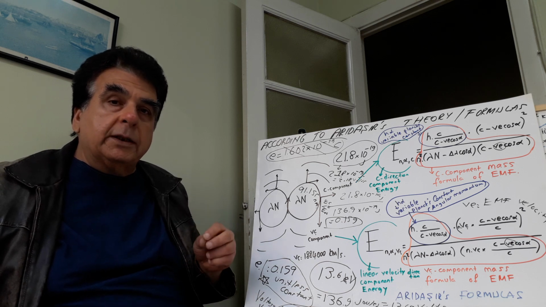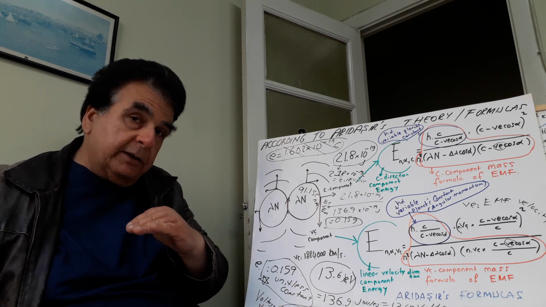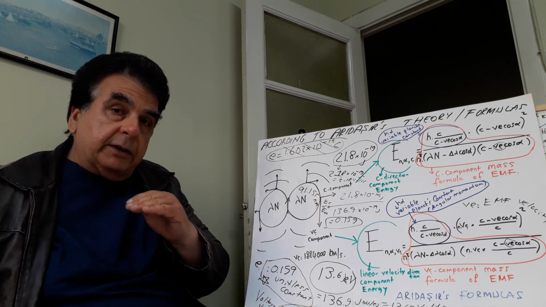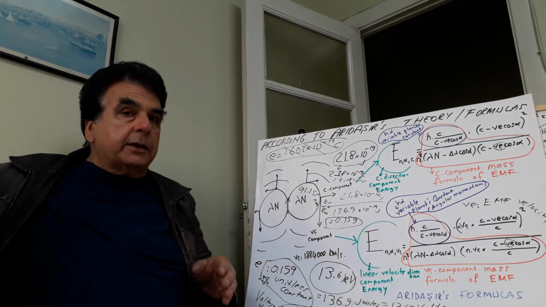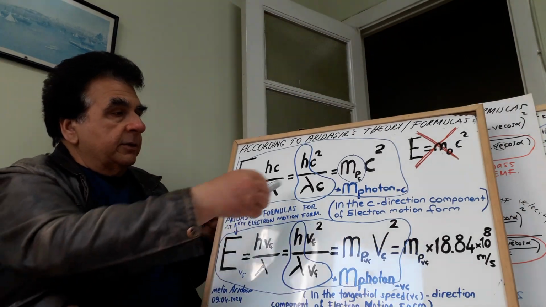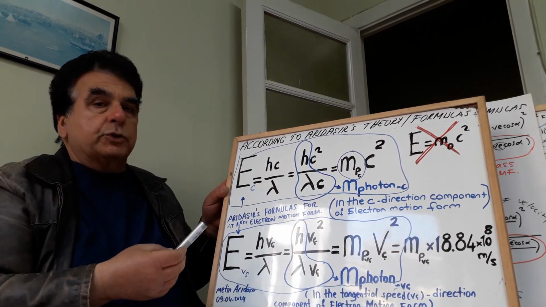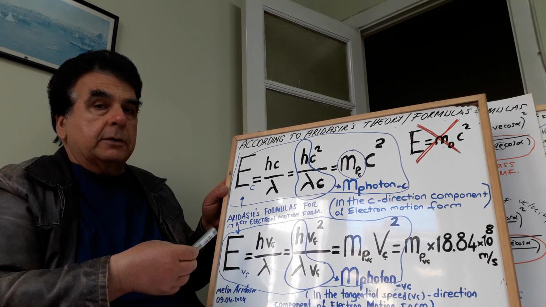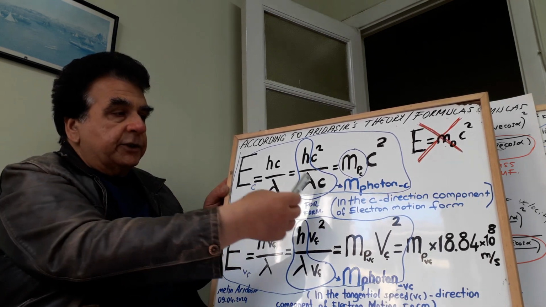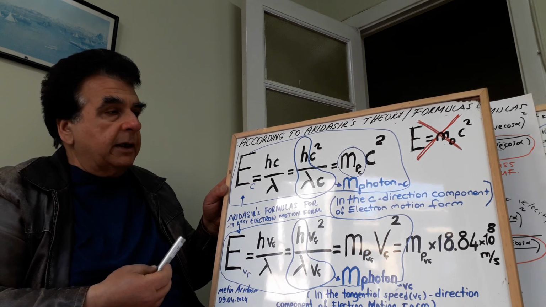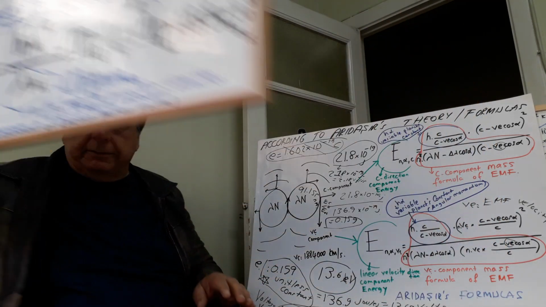And when an electron motion form is at rest, when it doesn't relocate, these are energy formulas. H, or angular momentum, seems to us constant, speed of light seems to us constant, etc.